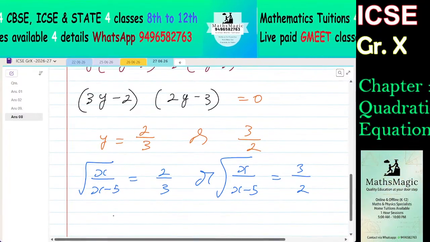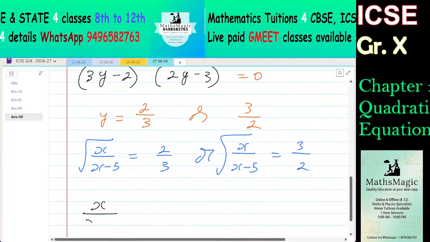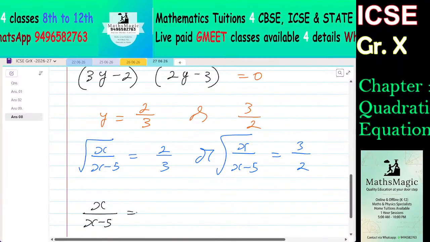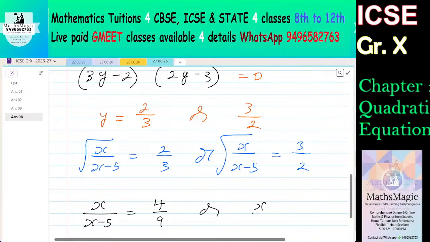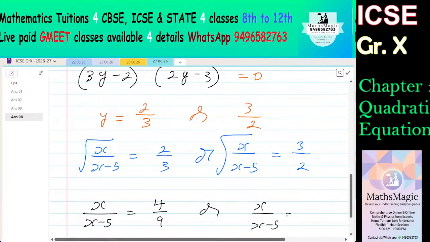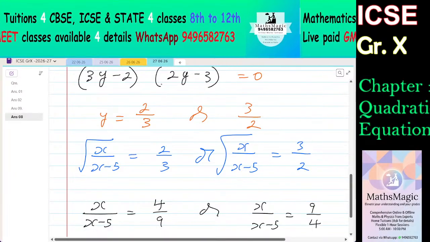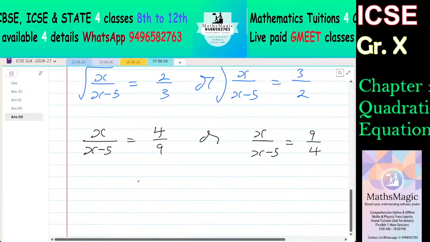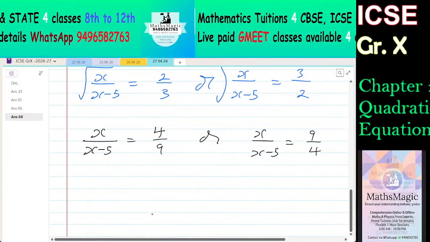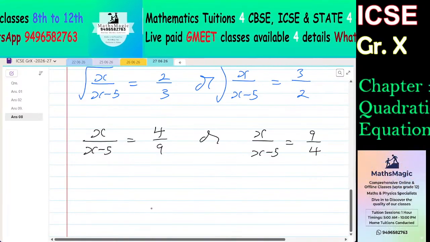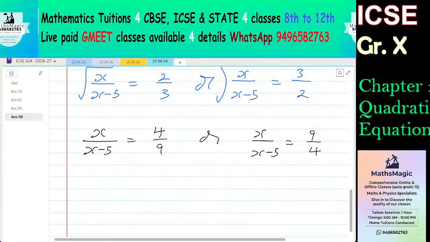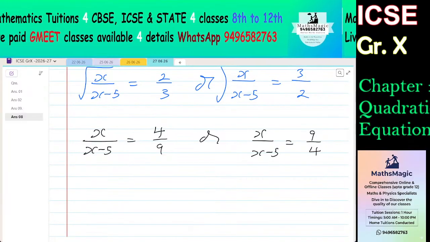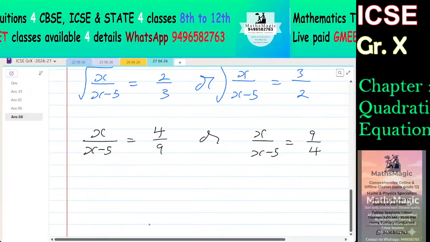Squaring, you will get x by x minus 5 as 4 by 9, or x by x minus 5 as 9 by 4. Rearranging, solving, 9x equals 4x minus 45, 5x equals 45, x as 9.